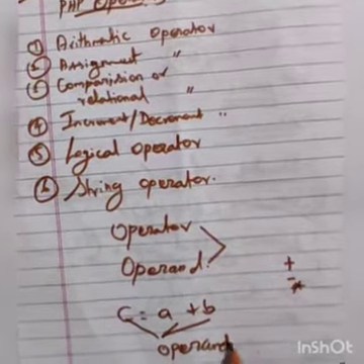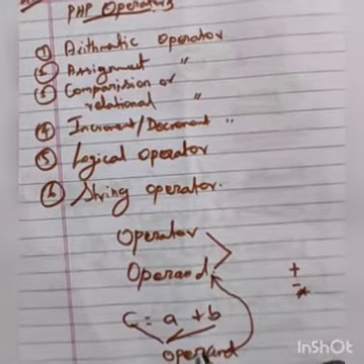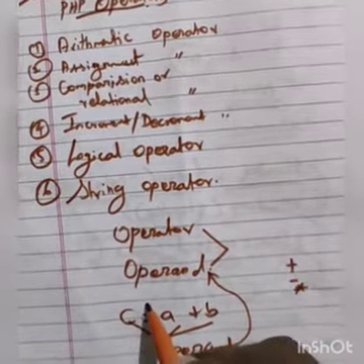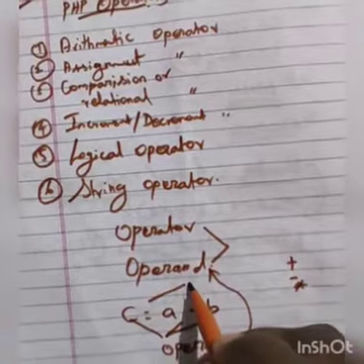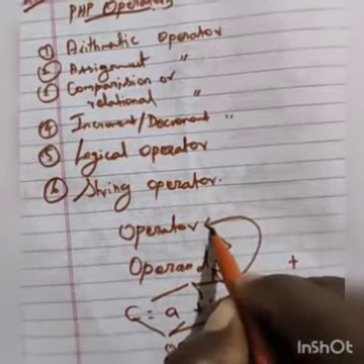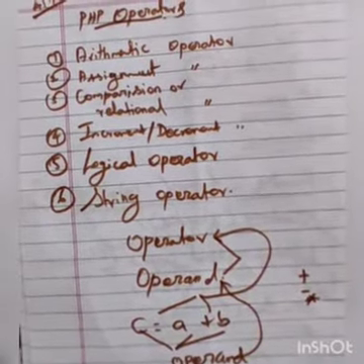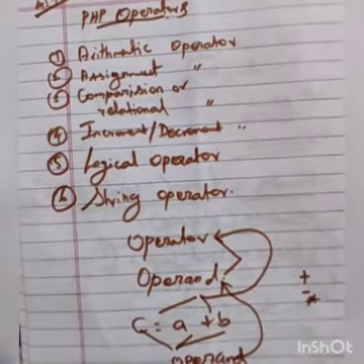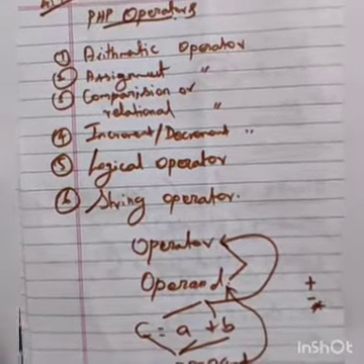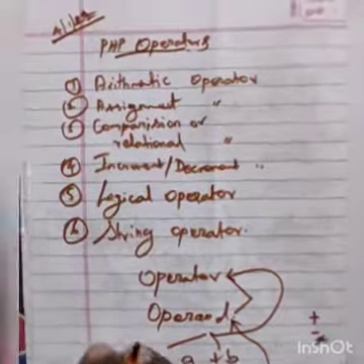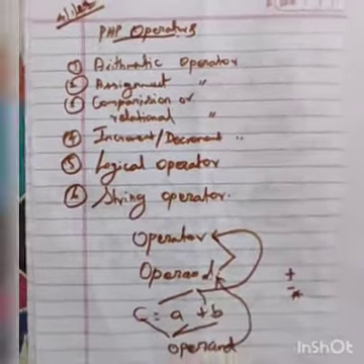What is an operator? The equal sign and plus sign, that is called an operator. So this is very, very important. So these are PHP operators. Okay, this is the common concept.